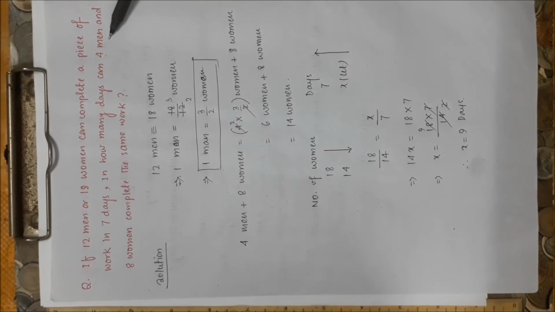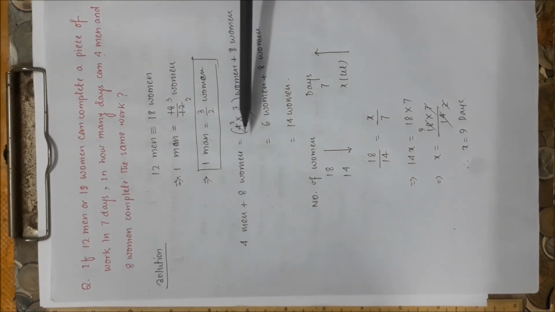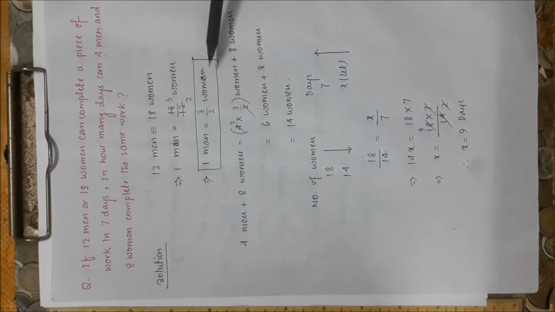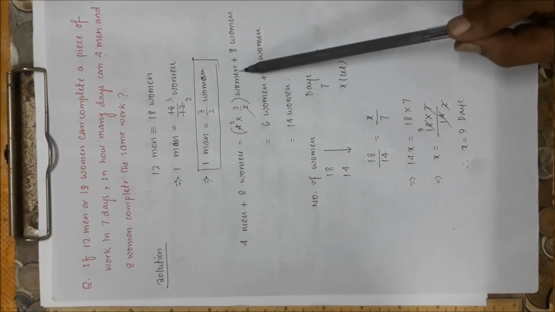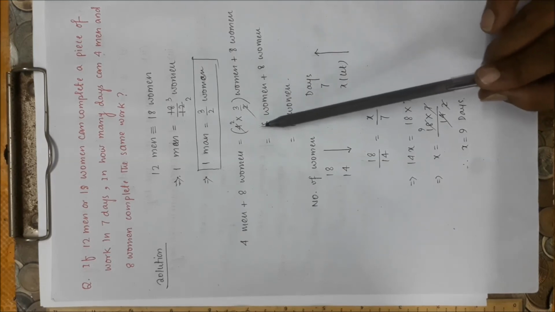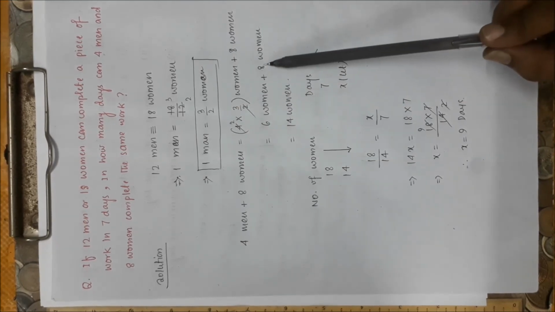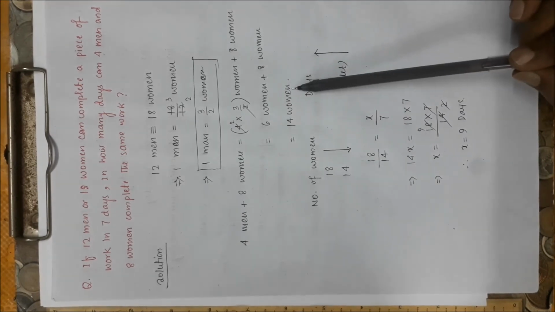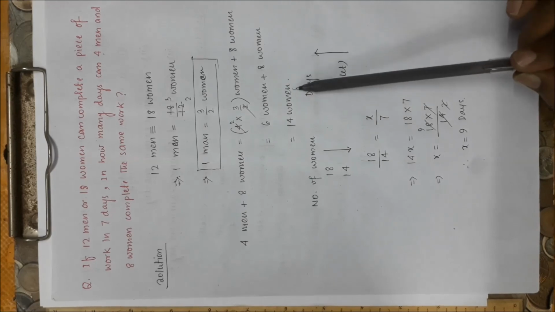Now 4 men and 8 women. So 4 men plus 8 women, where 1 man equals 3 by 2 women. Therefore 4 men equals 4 into 3 by 2 women plus 8 women. So 2 ones are 2, 2 twos are 4. 3 into 2, 6 women plus 8 women. That means 14 women. That means 4 men and 8 women equals 14 women.